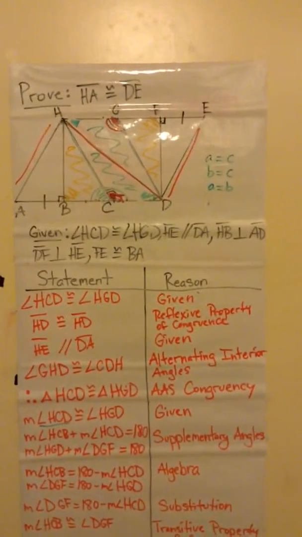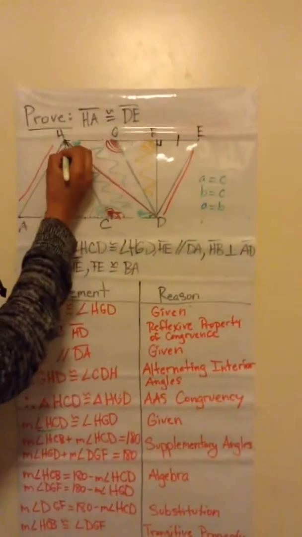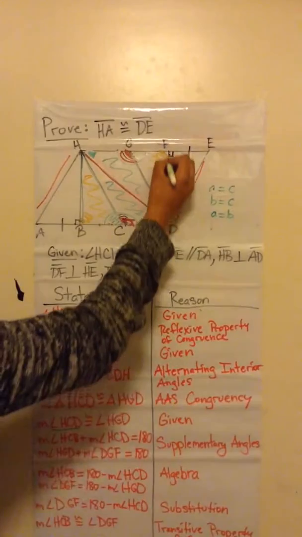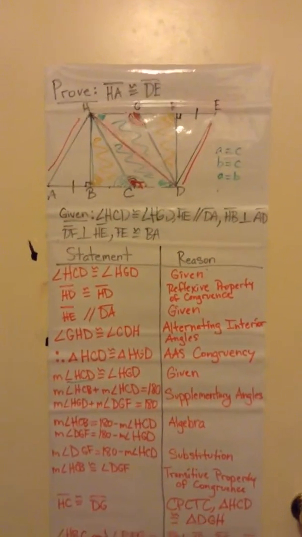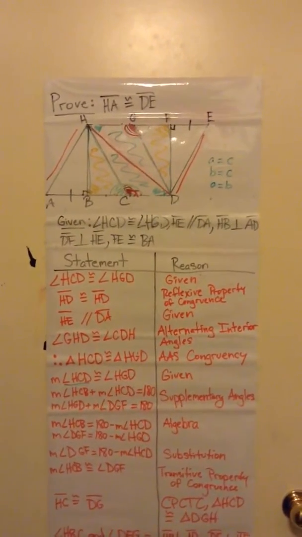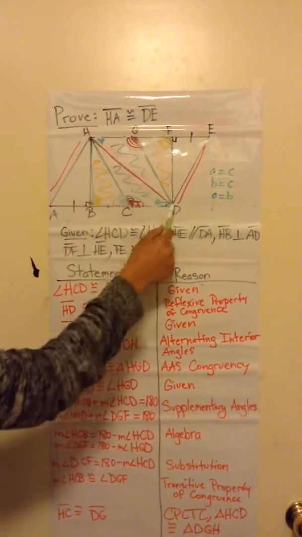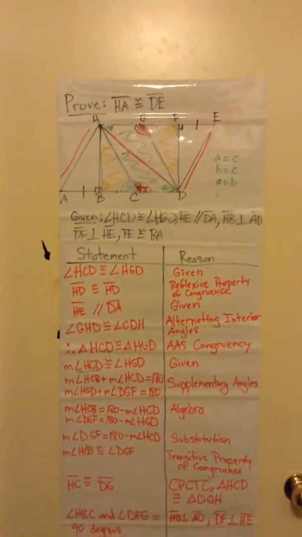So line segment HB, this line right here, is congruent to line segment DF because of CPCTC, which means corresponding parts of congruent triangles are congruent. So since these two triangles are congruent, these lines have to be congruent to each other.